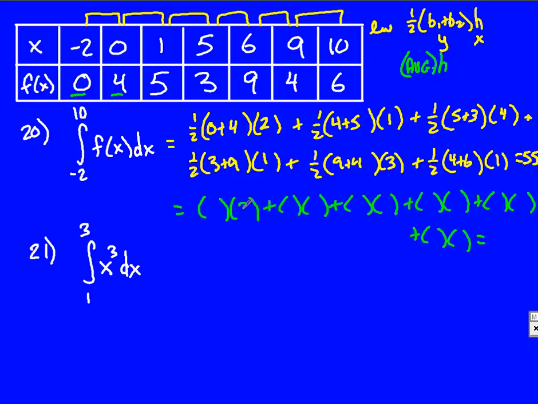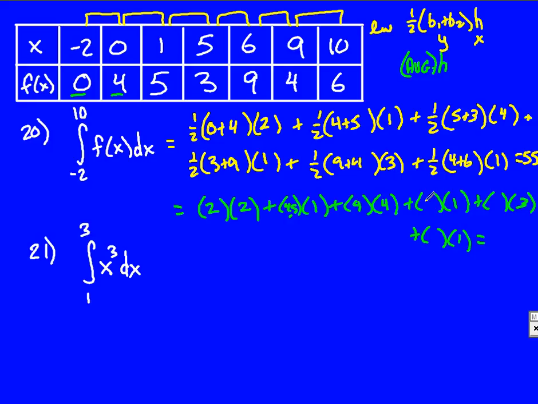So the width is still the same the way we're doing it here: 2, 1, 4, and then 1, 3, and 1. For my average though, 0 and 4, what's the average of 0 and 4? It'd be 2. The average between 4 and 5 would be 4.5. Between 5 and 3 would be 4.